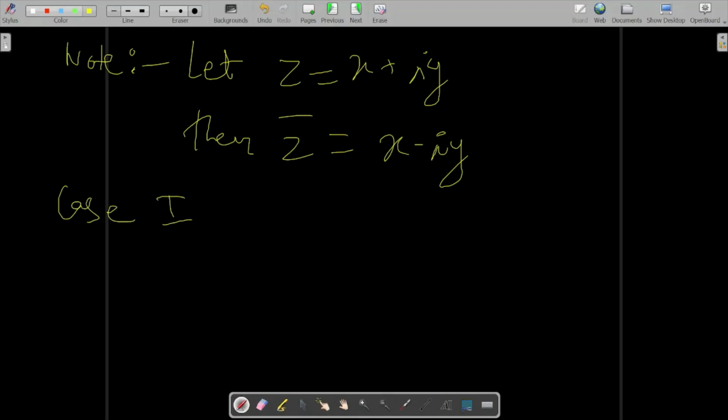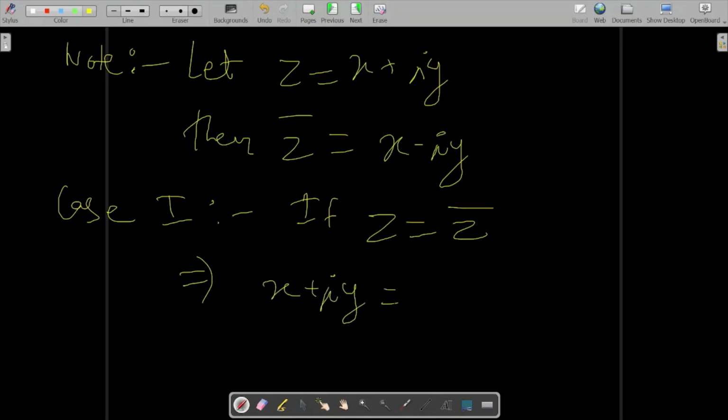Case 1: if z is equal to z bar, suppose, then what will happen? x plus iy will be equal to x minus iy, right? So that comes out that 2iy is equal to 0, because x and x will cancel out.